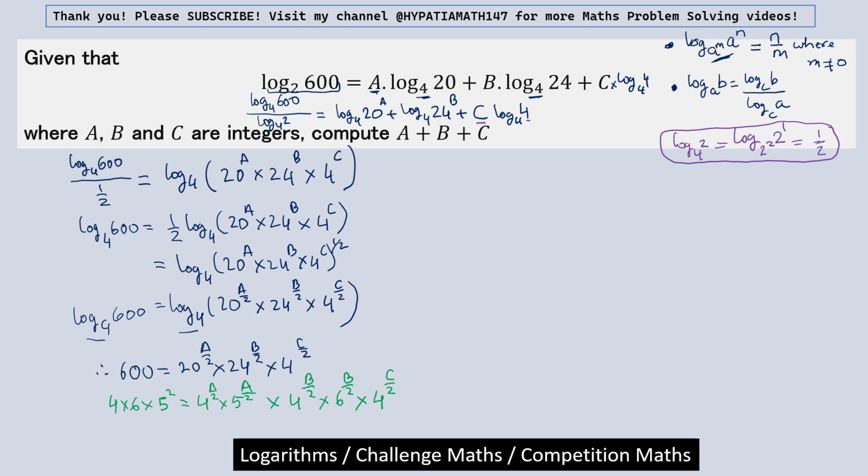So then we can write, therefore, 4 times 6 times 5 square equals 4 to the power a out of 2 plus b out of 2 plus c out of 2, multiplied by 5 to the power a out of 2 multiplied by 6 to the power b out of 2.